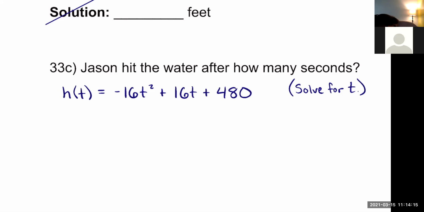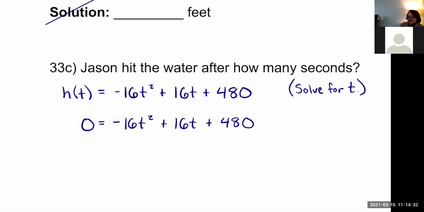So I can replace the h of t with 0. So I get 0 equals negative 16t squared plus 16t plus 480.